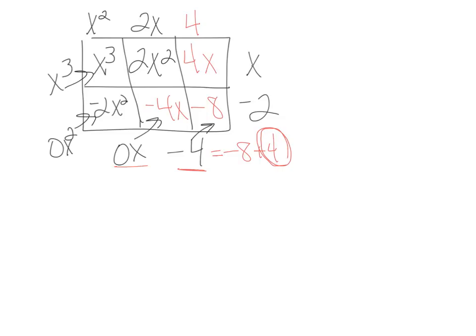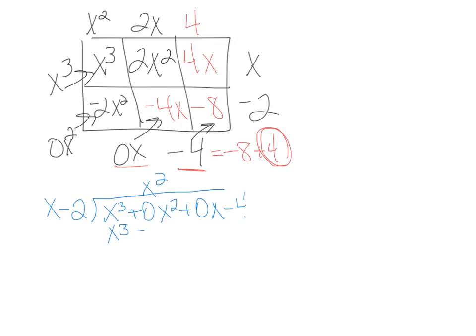Let's try the last method, which is long division, which is technically my favorite. Let's see. We're dividing x cubed, 0x squared, 0x minus 4. x squared gives us x cubed minus 2x squared.